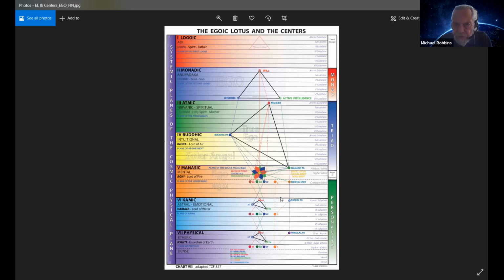But usually it's the 4 above the 3, and one day this egoic lotus will be replaced by vortices of force. And the vortices will be on the 1st, 2nd, and 3rd subplanes, and therefore combining them with the vortices already having taken form on the 4th subplane, we will again have the 4 above the 3.